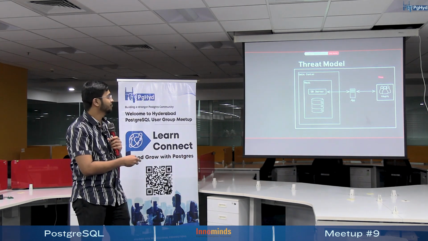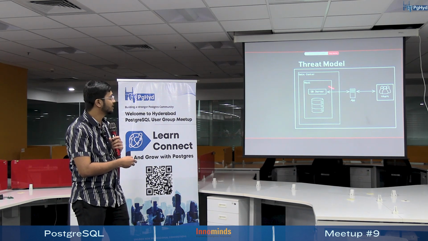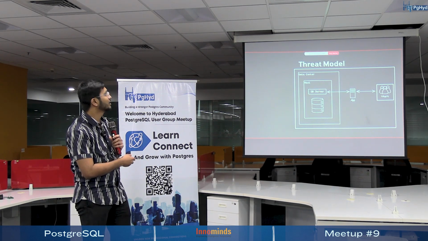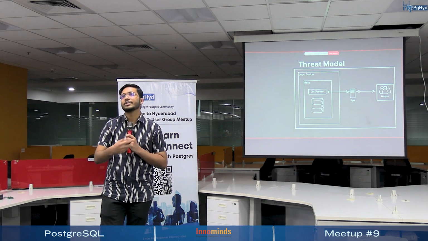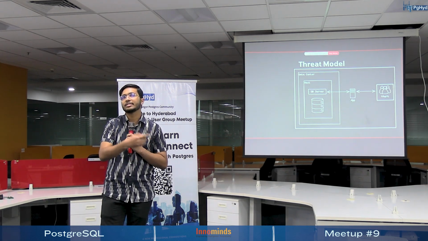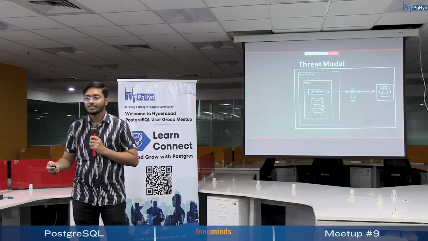It's not just the user, not just this network or the application, not just the database, it's also the file system and the host. Now, once you have thought of all the different things that are happening, you start thinking about where exactly can the things go wrong.